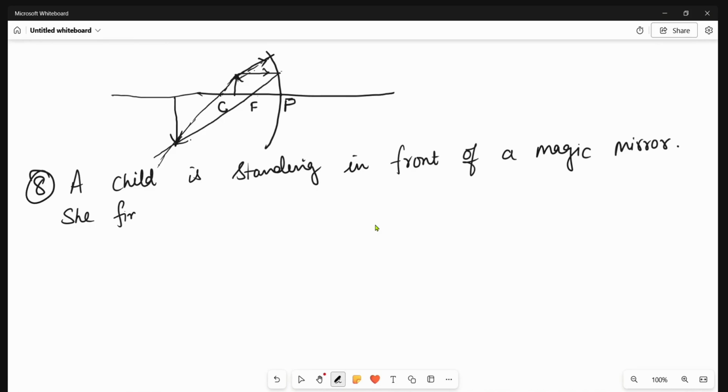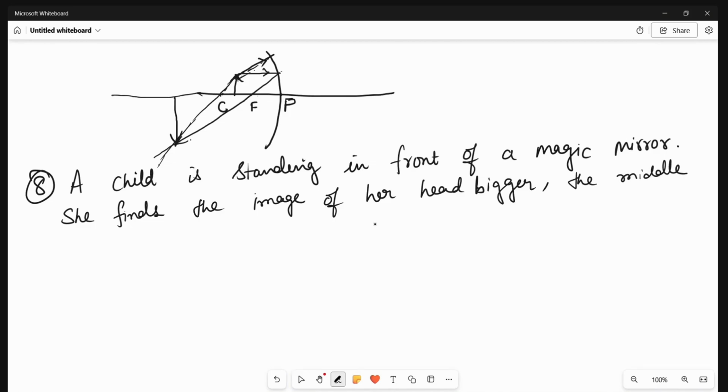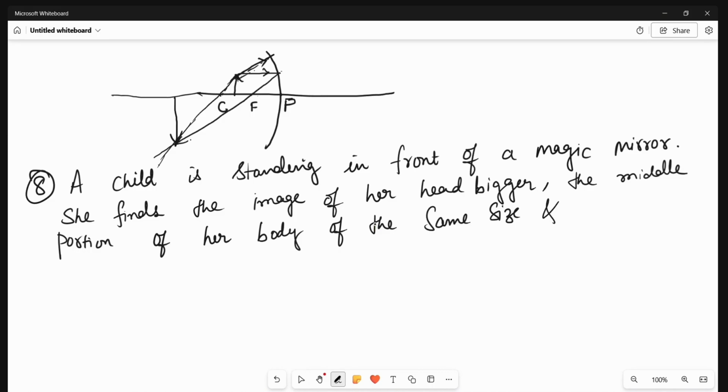She finds the image of her head bigger, the middle portion of her body of the same size, and that of the legs smaller.